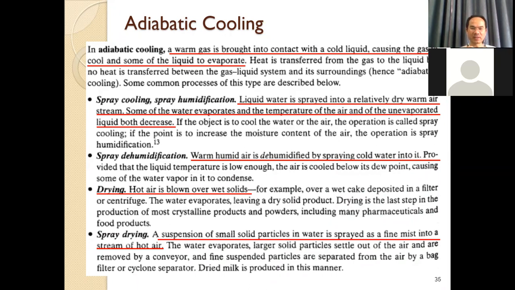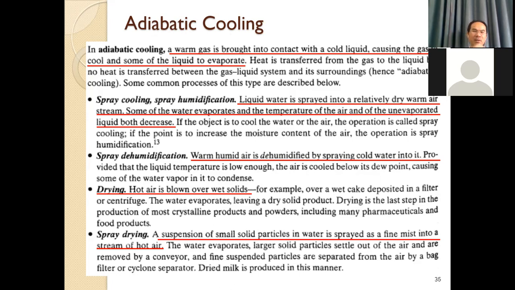Spray drying is another technique. Spray drying means we suspend small solid particles in water and spray it into a stream of hot air, and in this technique the water is evaporated. This is the application of adiabatic cooling: spray cooling, spray drying, and spray humidification.